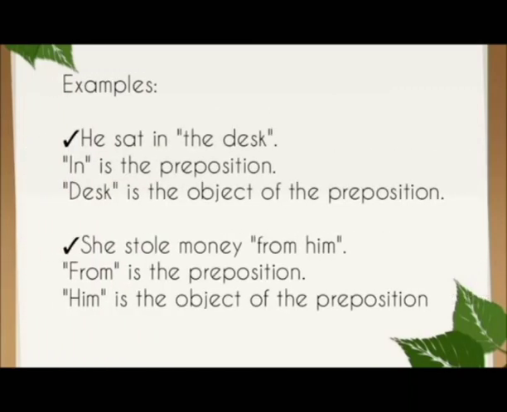For example of prepositional phrases, the first is he sat in the desk. In is the preposition and desk is the object of the preposition. And the second is she stole money from him. From is the preposition, him is the object of the preposition.